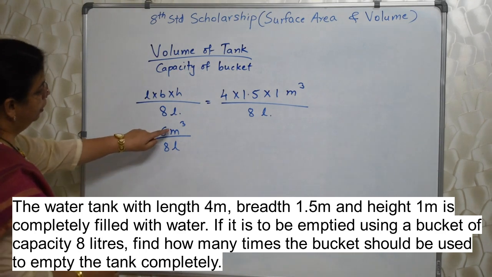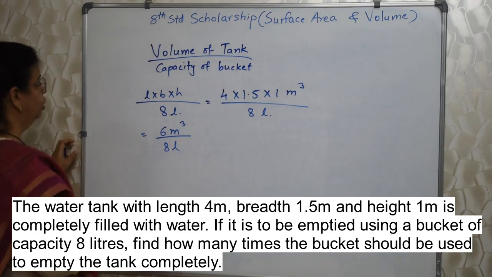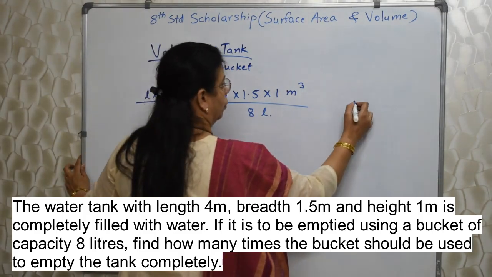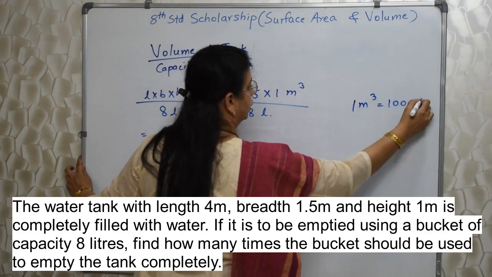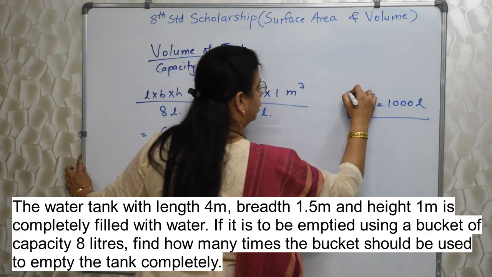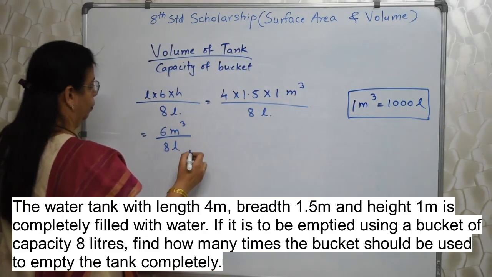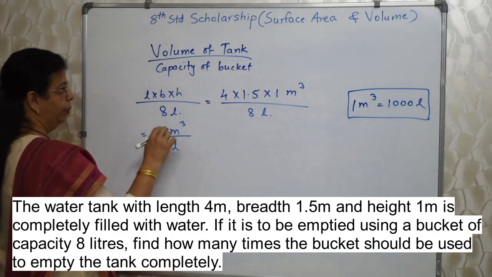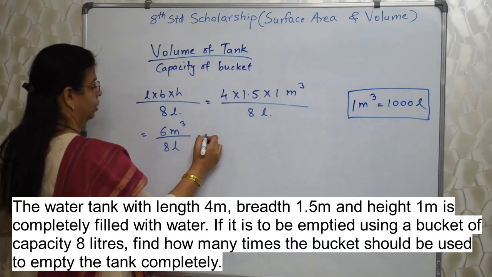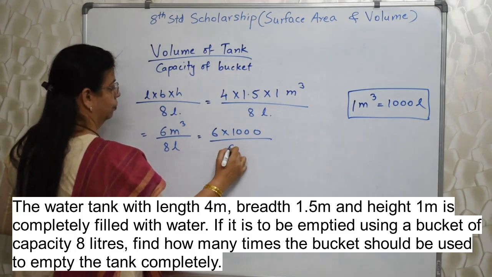So here the units are not matching, so we need to convert this meter cube into liter. You all should know 1 meter cube is equal to 1000 liters. If you don't know this, you won't be able to proceed. Okay, that is why I am taking this sum here. How to convert meter cube into liter? Just by multiplication with 1000.